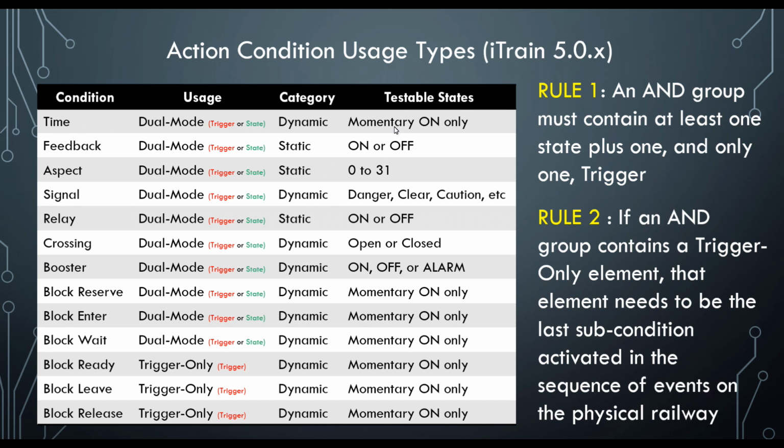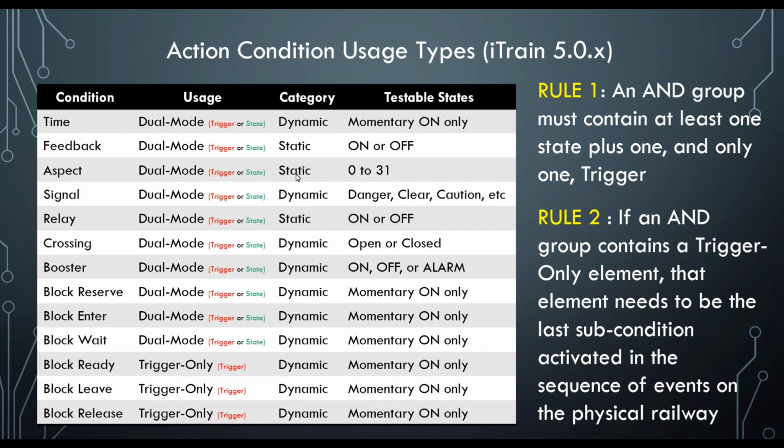So they are the states that we set when we create the condition, and which we will see called the reference states in the scenario exercises. More on that later. So we have dual mode and trigger only elements, which we can further categorize into static and dynamic.